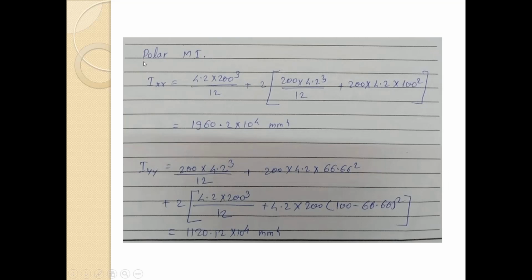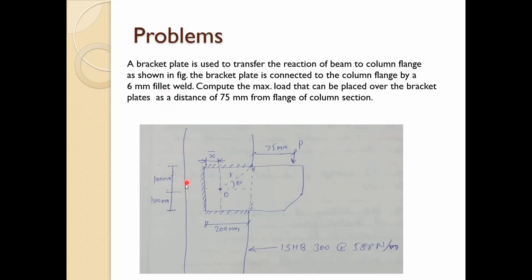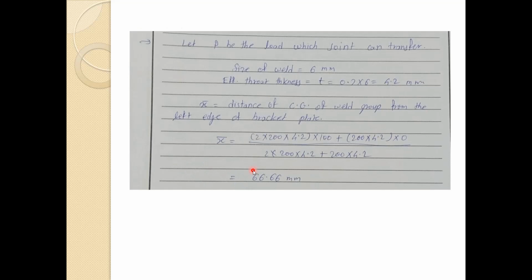Now we are calculating the polar moment of inertia. So here first we'll calculate the Ixx, that is moment of inertia about XX axis. So this is the XX axis. So we have the three weld lines 1, 2 and 3.